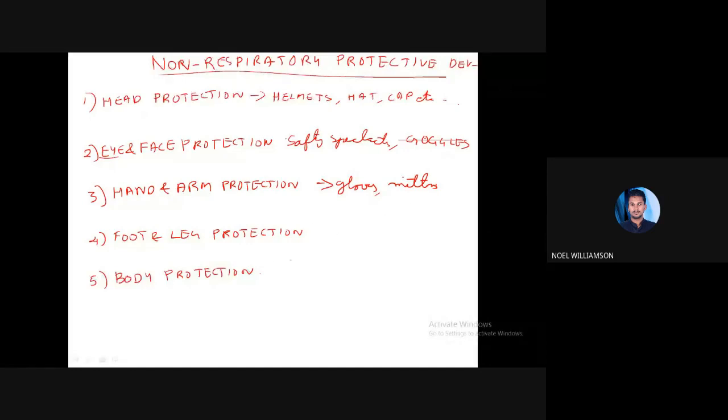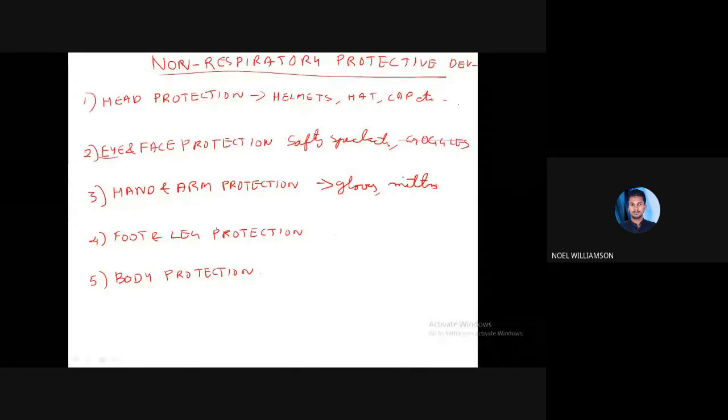Then similarly, for foot and leg protection, various types of shoes or leg guards, leggings, etc., can be used. And finally, body protection. Mainly the devices are aprons, overalls, jackets, etc. Overall protective devices for the whole body can be used.